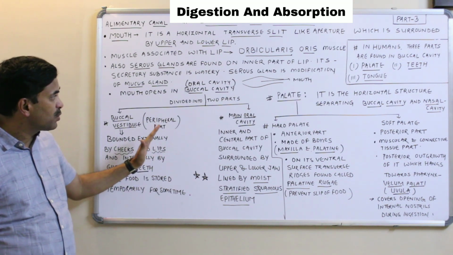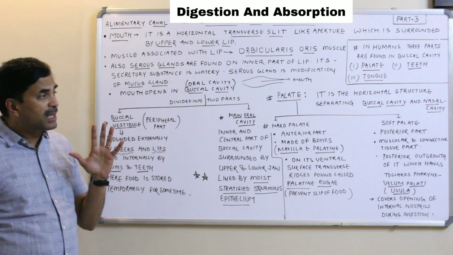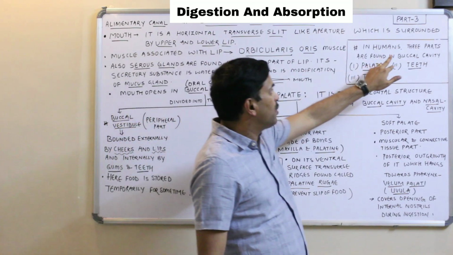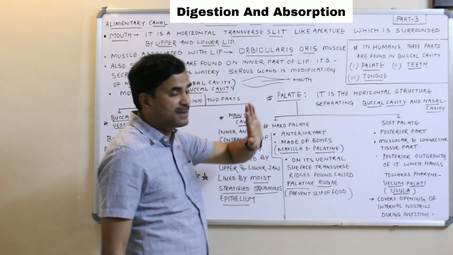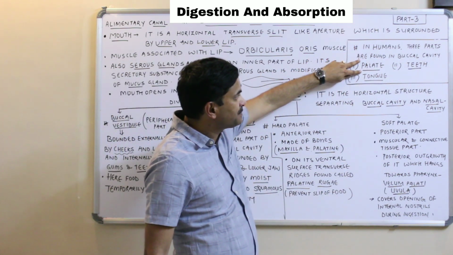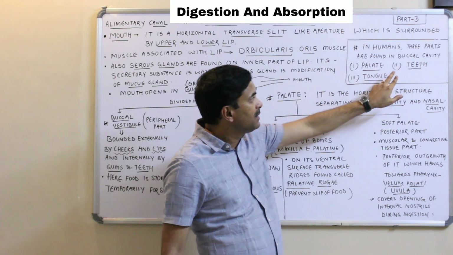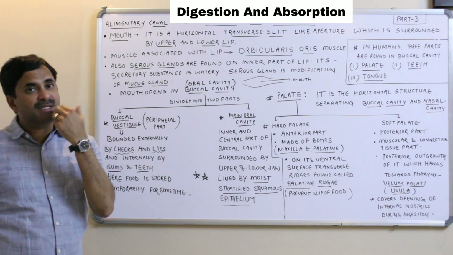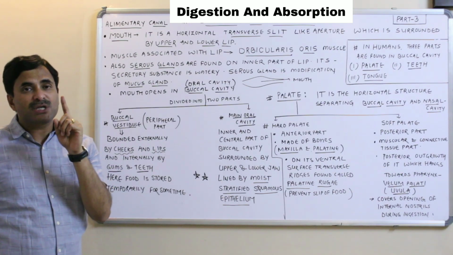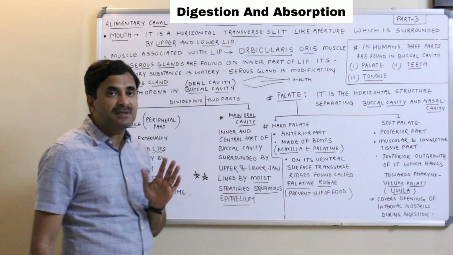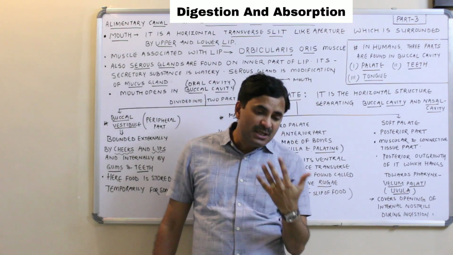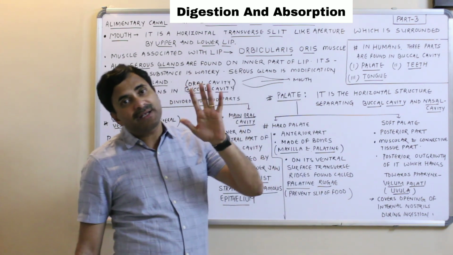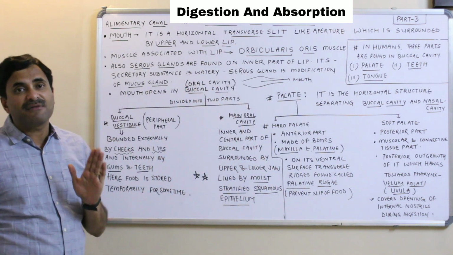So this is what about the buccal cavity. Now the buccal cavity is a very important part of the alimentary canal, and it consists of three major parts. One is the palate, another is the teeth, and another is the tongue. Also, salivary glands are found in this buccal region. But just now I will not be discussing the salivary glands, because when we deal with the accessory digestive glands, at that time I will be talking about the salivary glands.